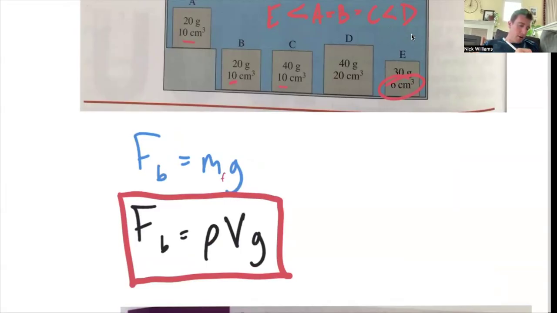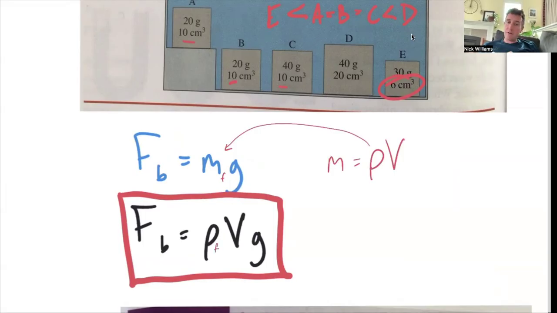Or since I know that the mass is equal to the density times the volume, I can substitute that in for mass, and I can get the force of buoyancy is equal to the density of the fluid times the volume of the fluid times the acceleration due to gravity. This is another one from your AP Physics cheat sheet. That's why I've circled it, squared it, rectangled it in red.